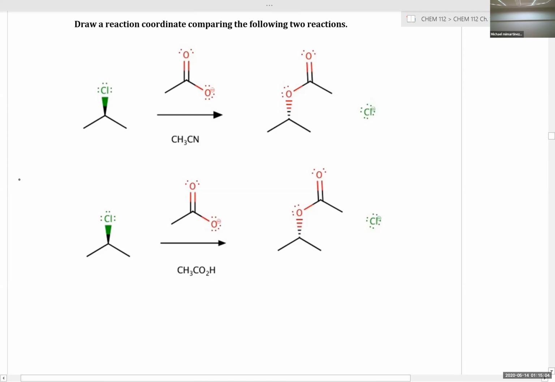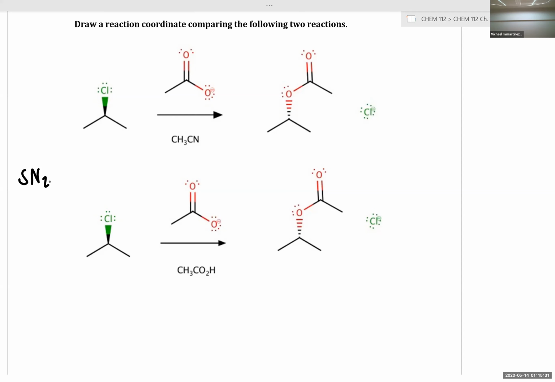Both these reactions are SN2 reactions. And I'd just like you to tell me what is different. What have we changed in these reactions?